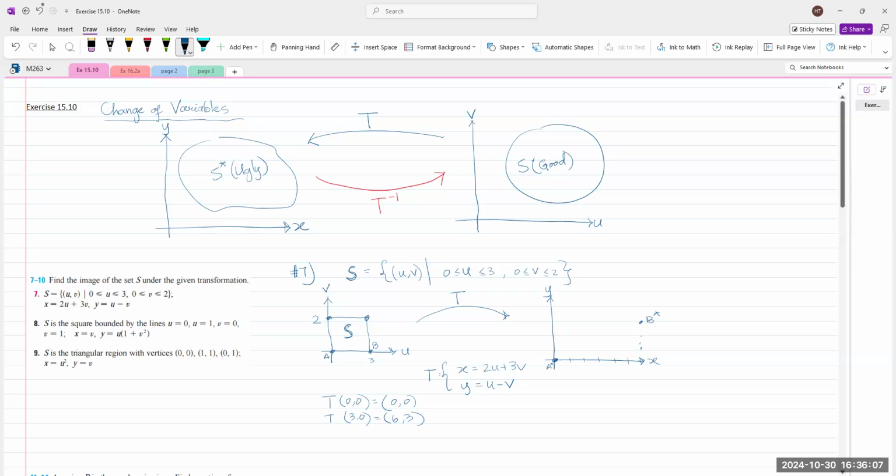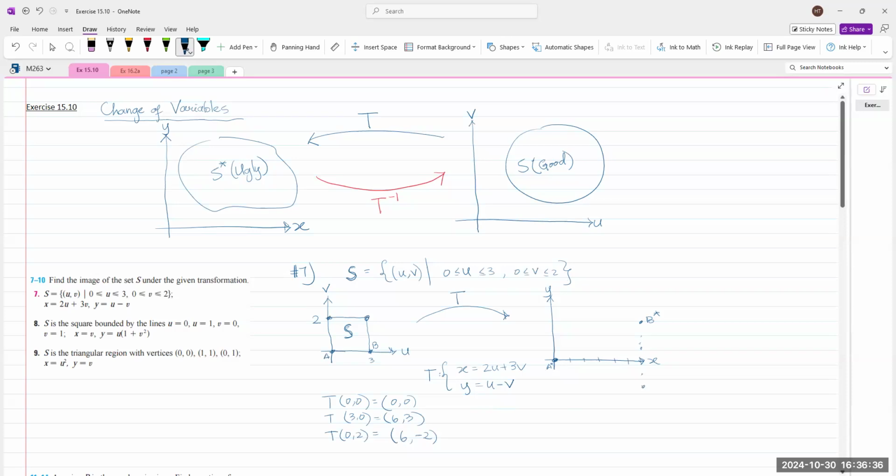And then how about T of (0, 2)? When UV is (0, 2), the X will be 6 and Y will be -2. Let me put it here so that I know (6, -2) is here.